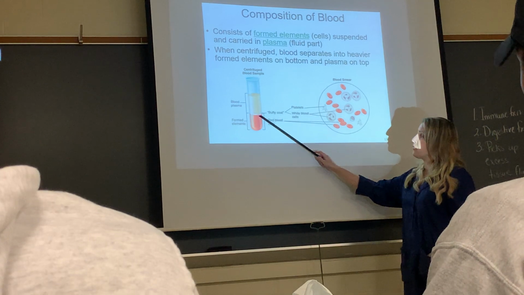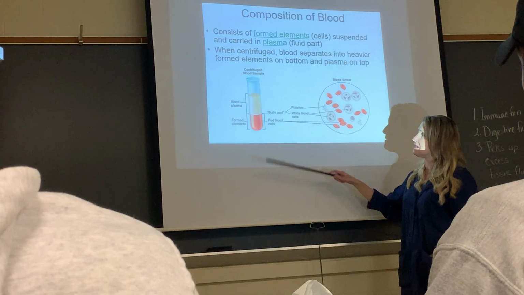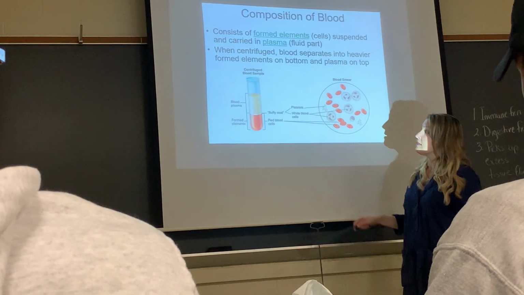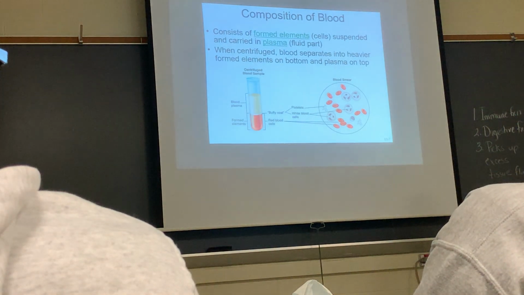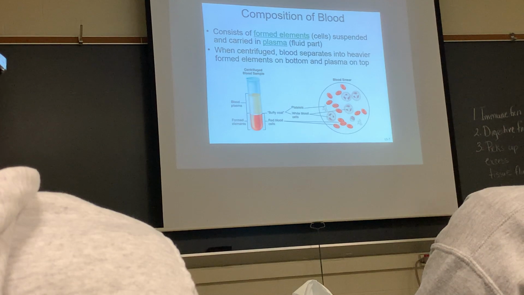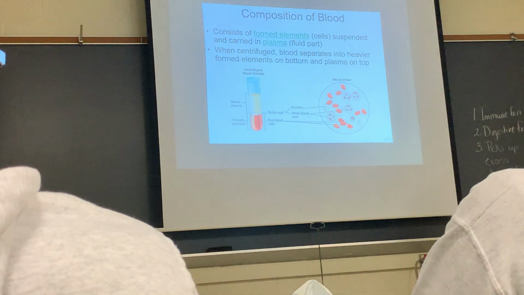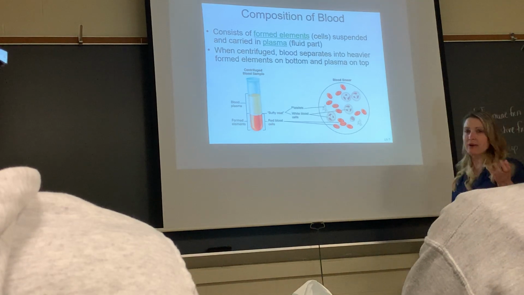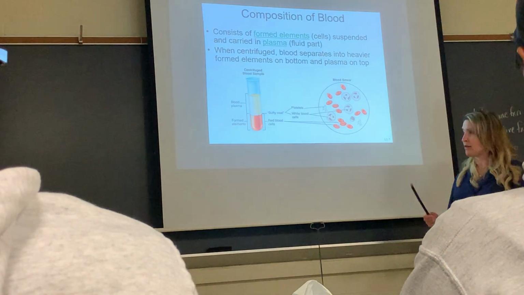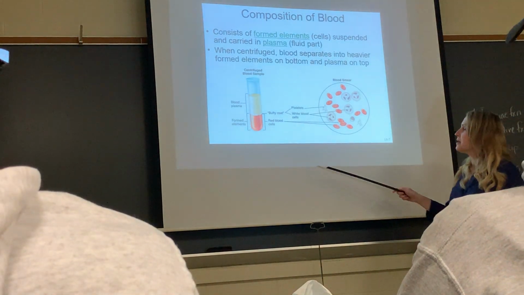So the heaviest component would be the red blood cells. And the red blood cell percentage is generally about 45% on average between men and women. There is a range for men and for women, but 45% is sort of the middle.